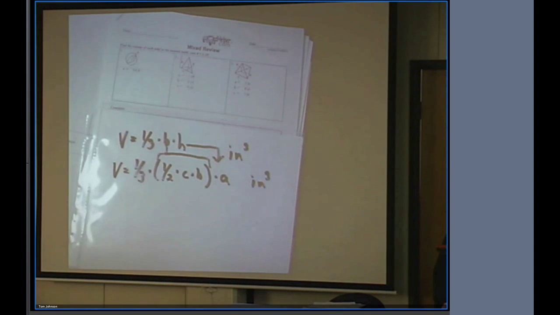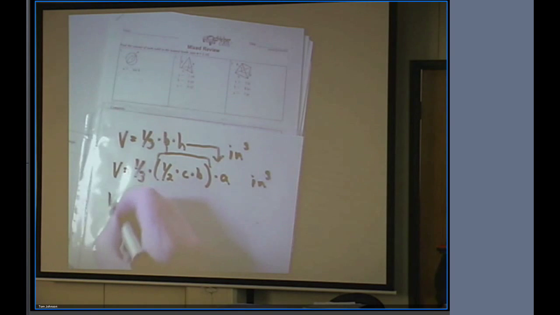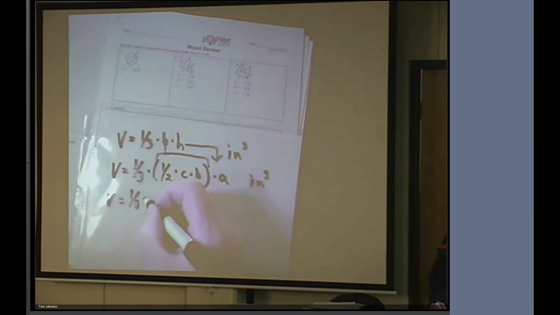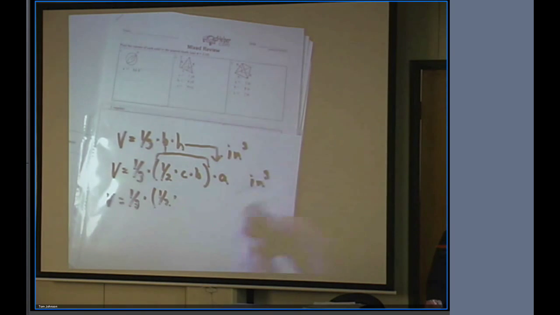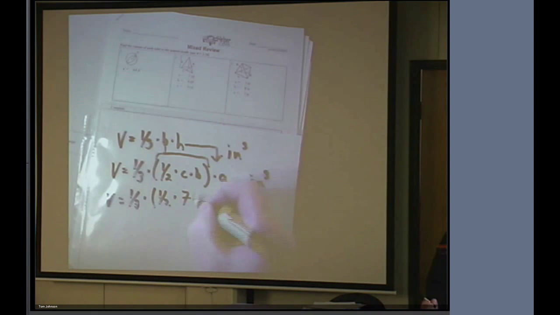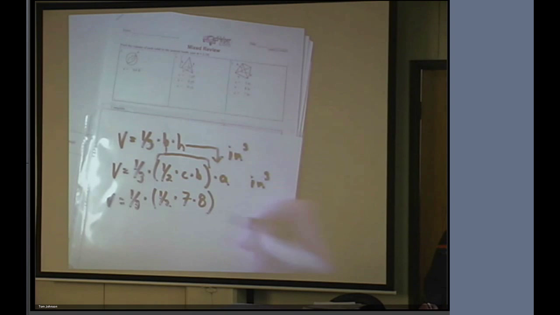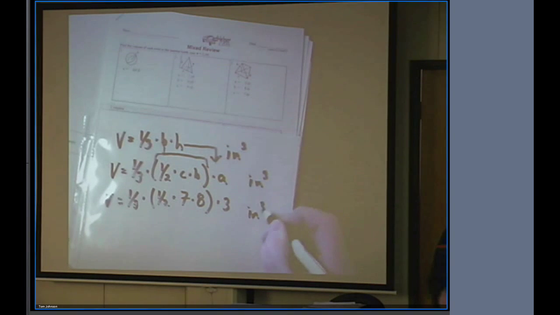Now it's just plug and chug, right? So we're going to go volume equals 1/3 times 1/2 times C, and C is 7, times B, which is 8, times A, which is 3. And again, we've got inches cubed.